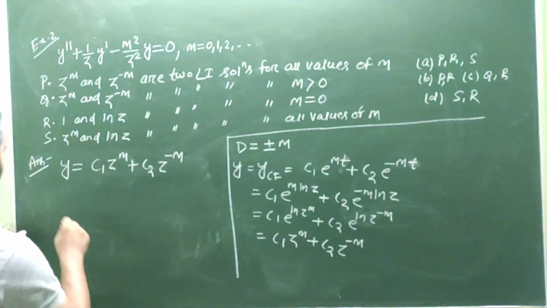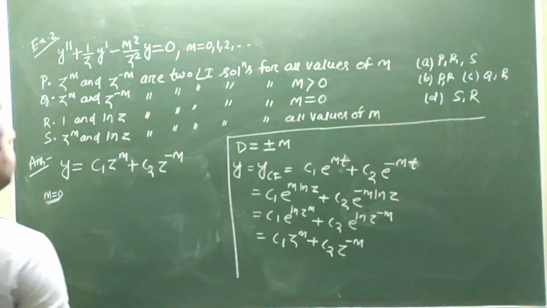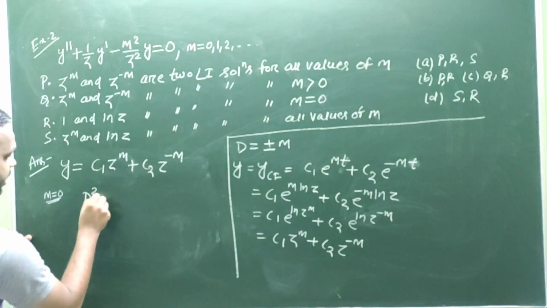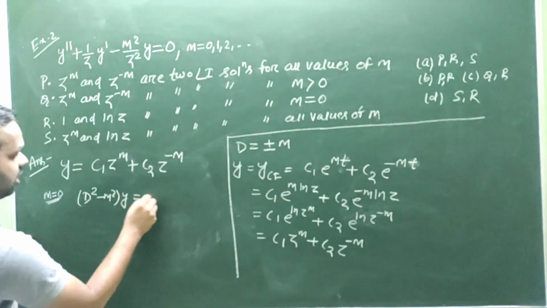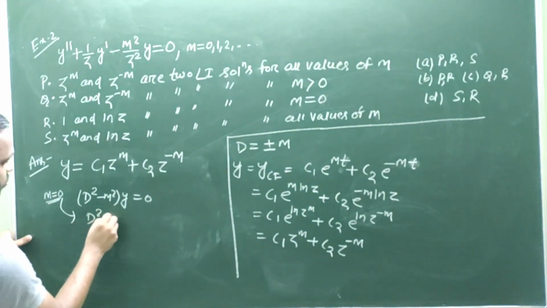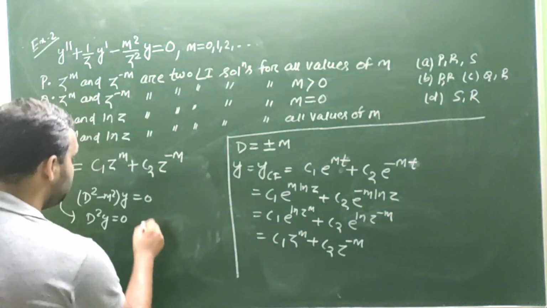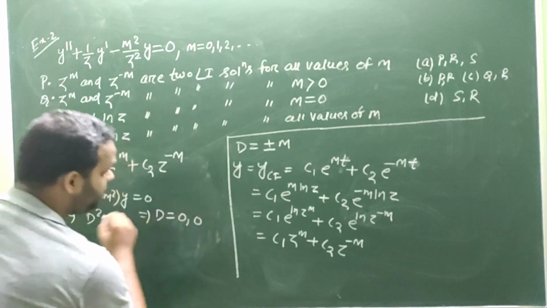Because if you put m is equal to 0, then the differential equation we got here, D square minus m square into y is equal to 0, will reduce to D square y is equal to 0. And when you find the roots, this will give you D is equal to 0 and 0.